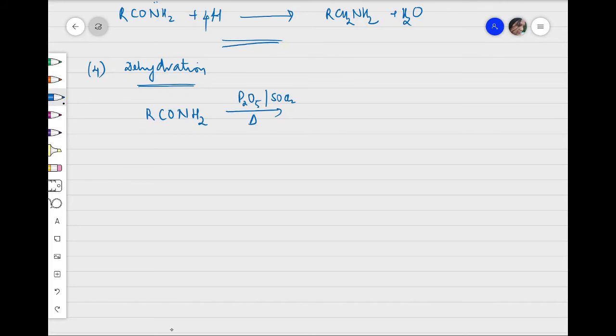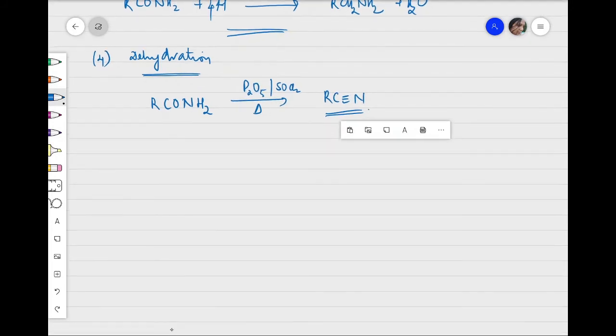When you do that, I get the corresponding alkyl cyanide or aryl cyanide. Okay, this is what happens when it undergoes dehydration, because it is giving out water.